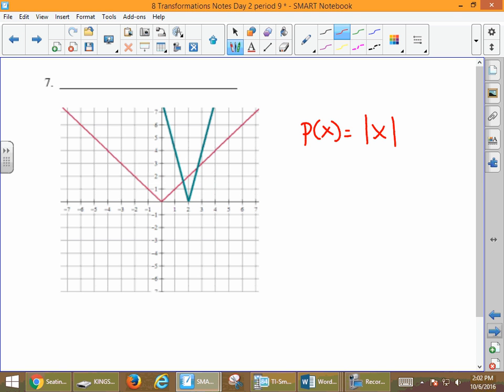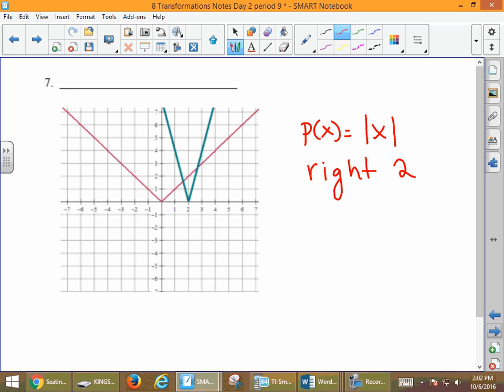So there are actually only 2 transformations happening to this graph. Can you name one of them? Right, 2. That's the one that jumps out at you, or at least I hope. Our origin moved over here.